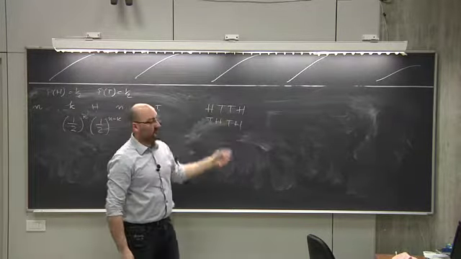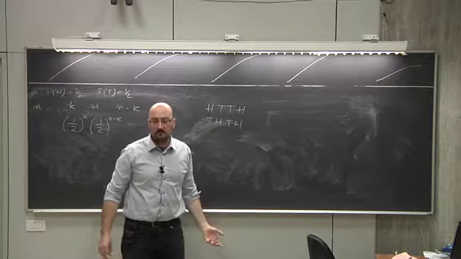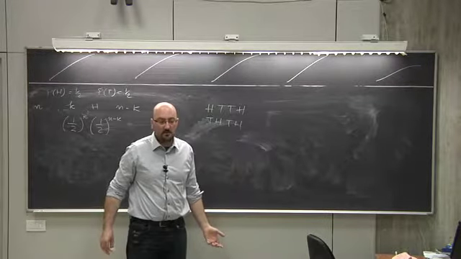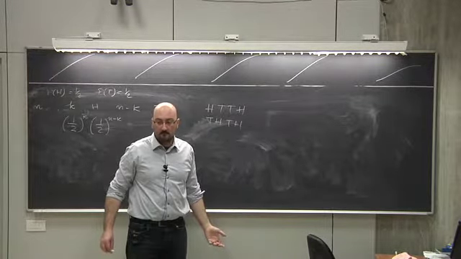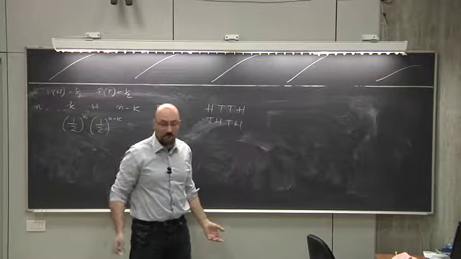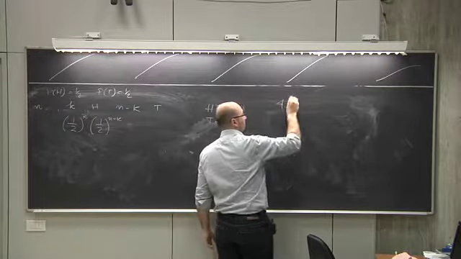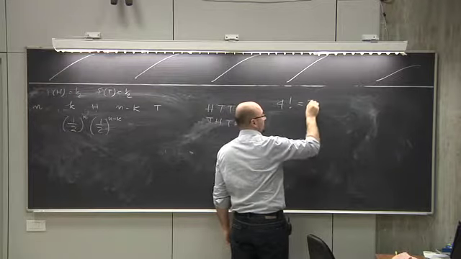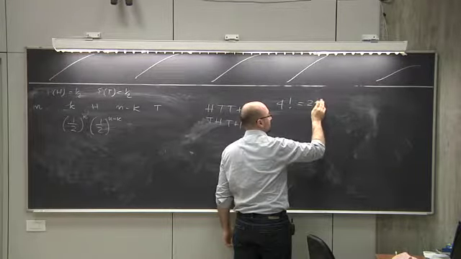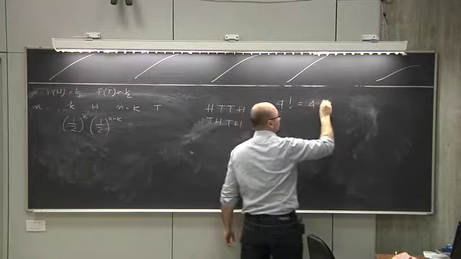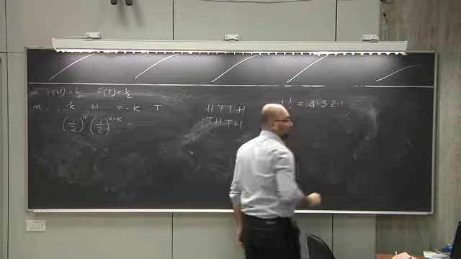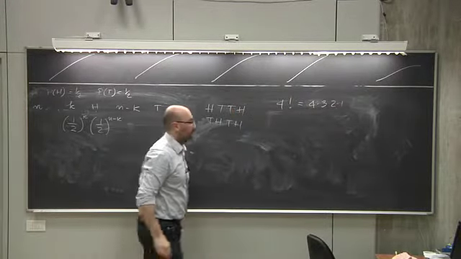So if I have 4 objects, how many possible permutations do I have? 4 factorial, which is 24. It's 4 times 3 times 2 times 1.